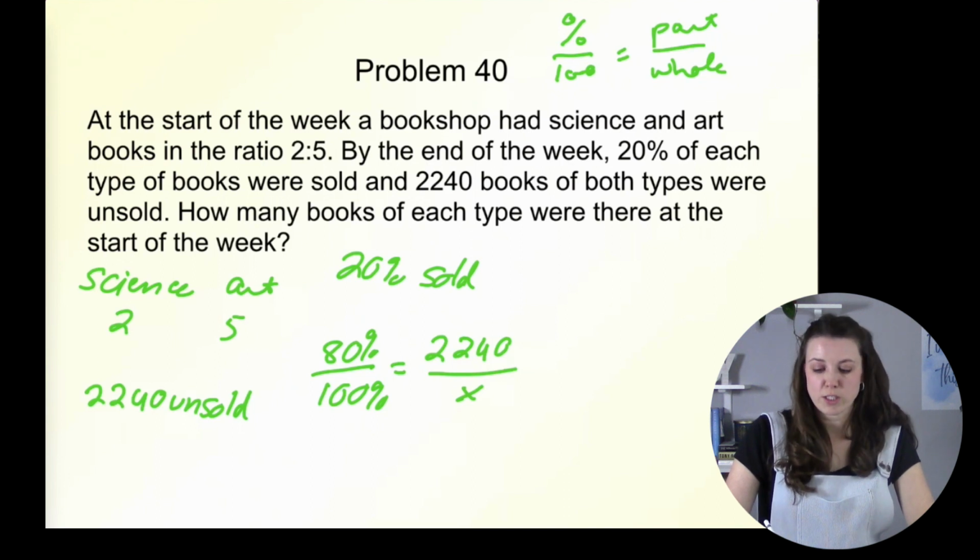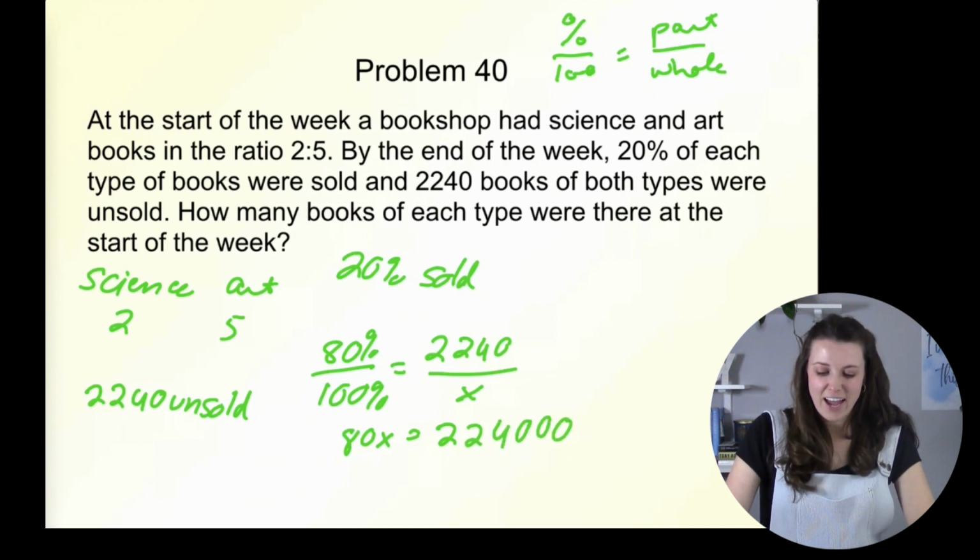So now I'm just going to cross multiply. 80 times X is 80X equals 100 times 2,240, which is 224,000. Add the two more zeros.